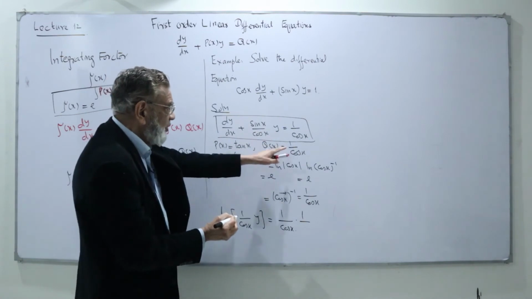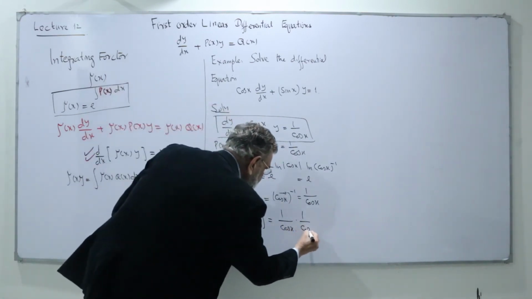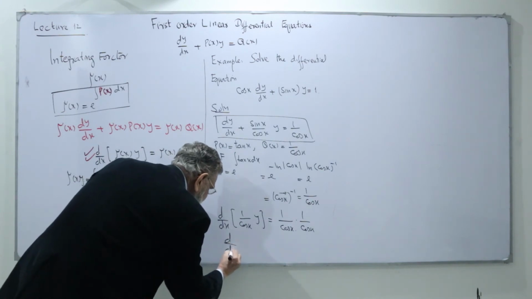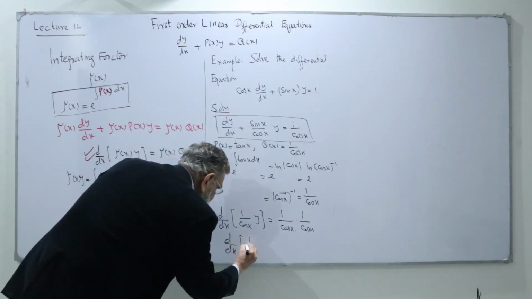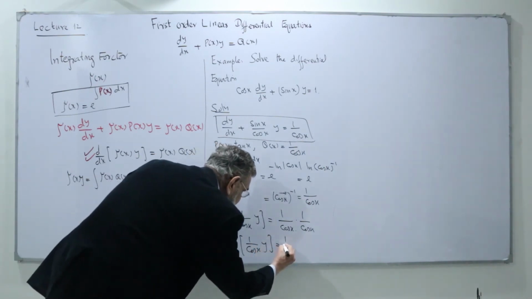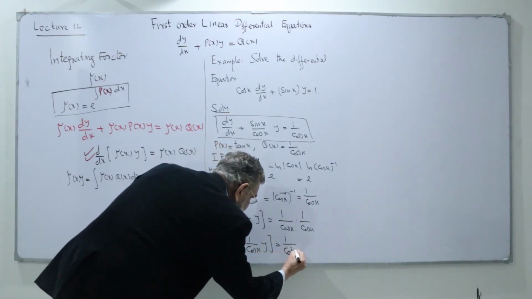What's my q of x? My q of x is 1 upon cosine x. So I get d by dx of 1 over cosine x into y is equal to 1 over cosine square x.